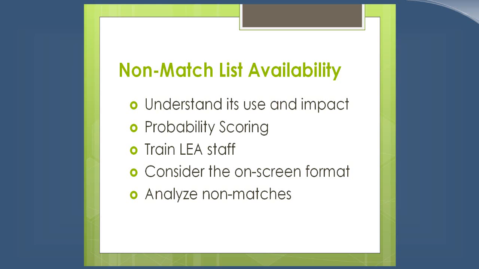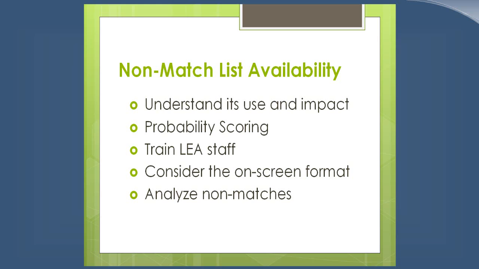Train LEA staff. If you're providing a non-match list or a probabilistic or probable match list, make sure that you're training LEA staff. What we found in what we do in the afternoons on our visits, when we talk to LEAs, is that a lot of the LEAs, although they're receiving them, don't really know what to do with it, and they don't know how to sort it properly, and they don't know how to take it and put it into their system.